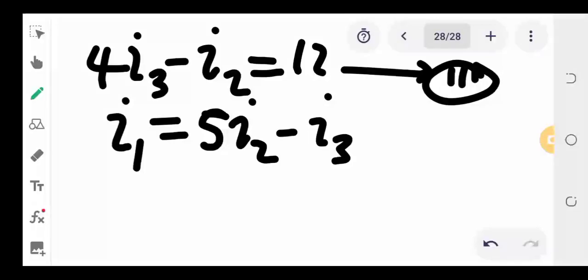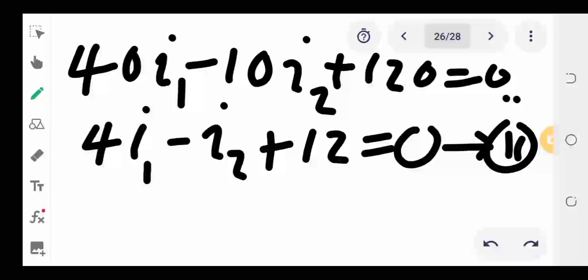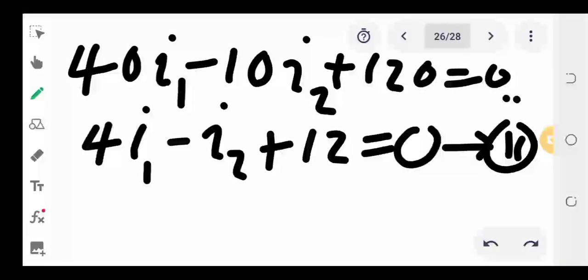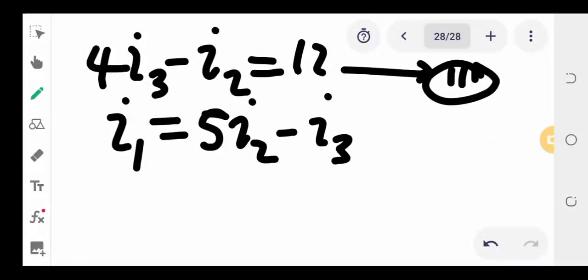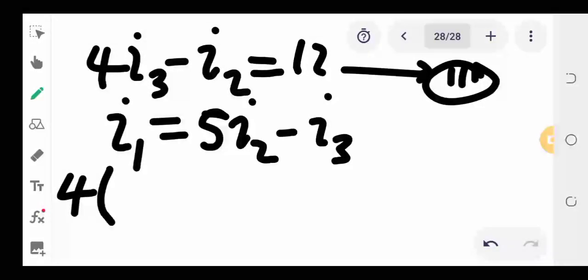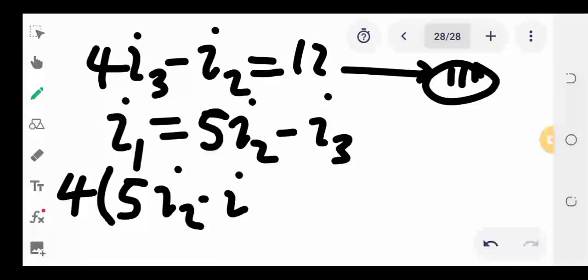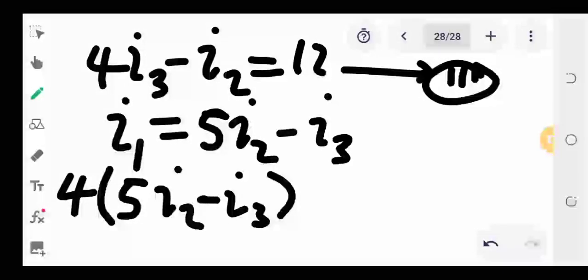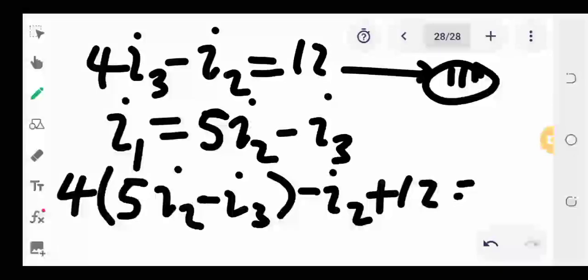In equation 2, I want to replace I1 so that everything is in terms of I2 and I3, so that I can solve the two equations simultaneously. Replacing, I have 4 times (5 I2 minus I3) minus I2 plus 12 equal to 0.